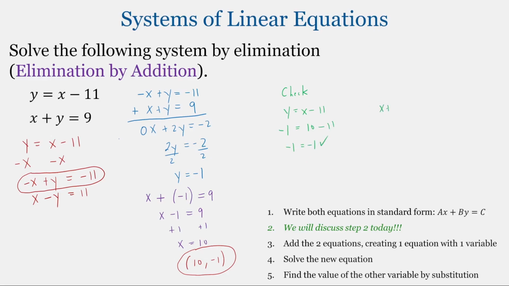And with x plus y equal to 9, we have 10 plus a negative 1 equal to 9. 9 equal to 9. That's also a true statement. So for this example, step 2 was not needed because when we added the two equations without doing any modification to either of these equations, one variable was eliminated.